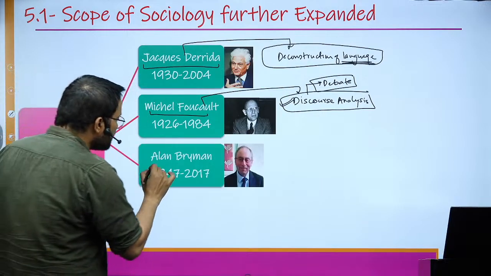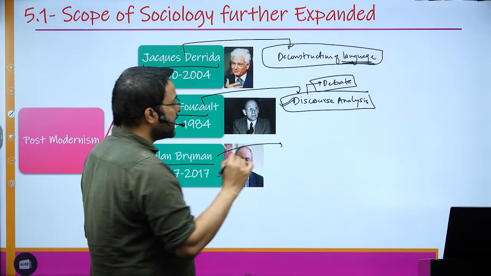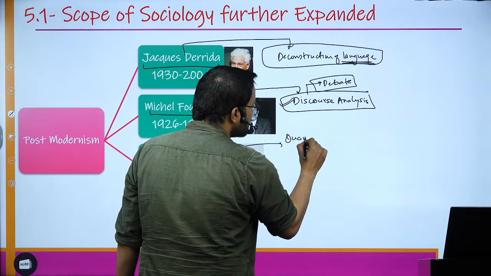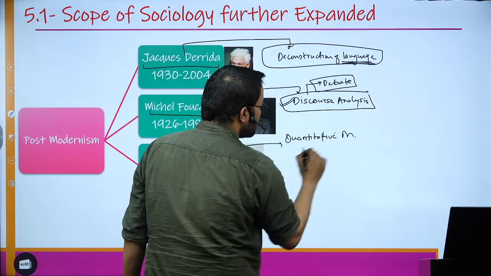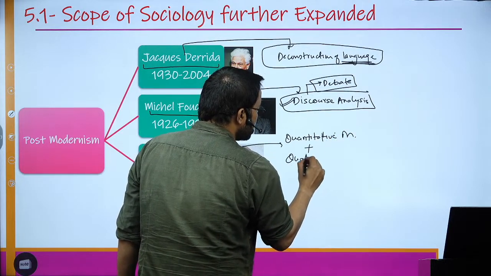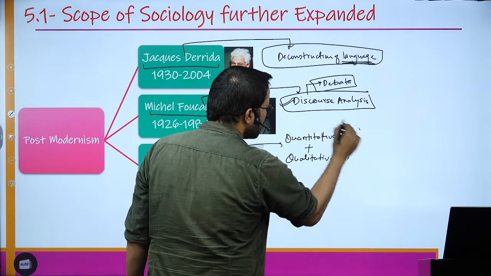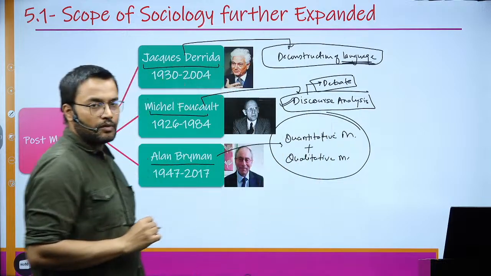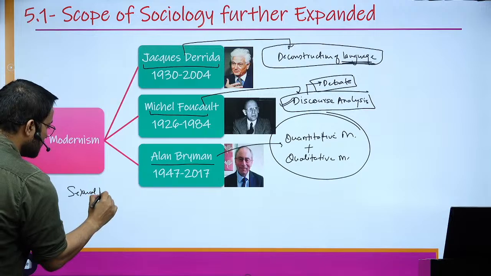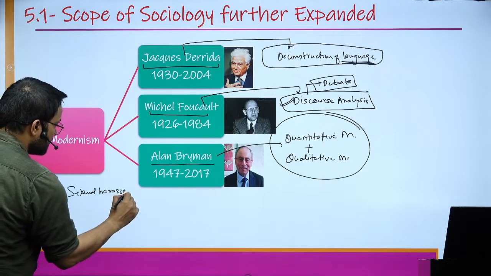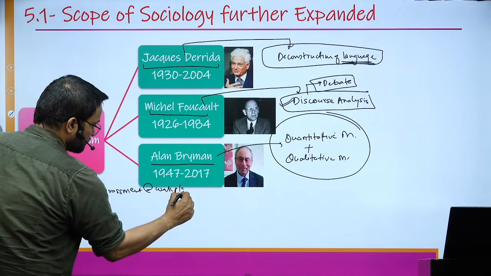Then comes Alan Bryman. He was talking about how, to understand any social phenomena, you need to use both quantitative method plus qualitative method. Now what does it mean? Suppose you're talking about sexual harassment at workplace.